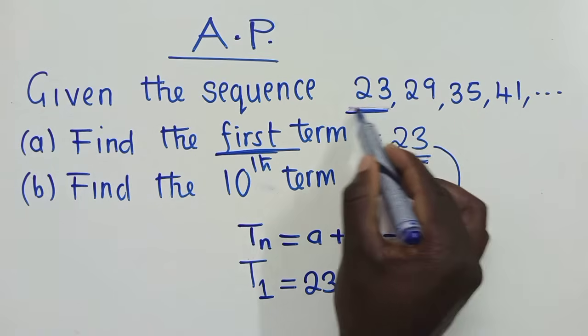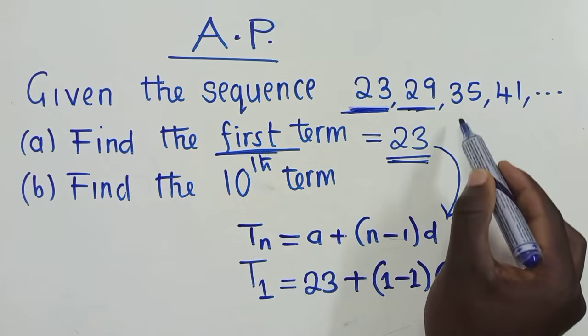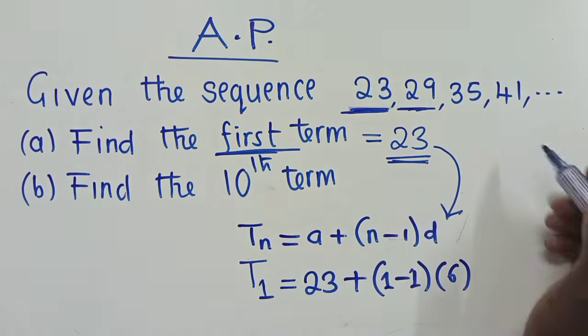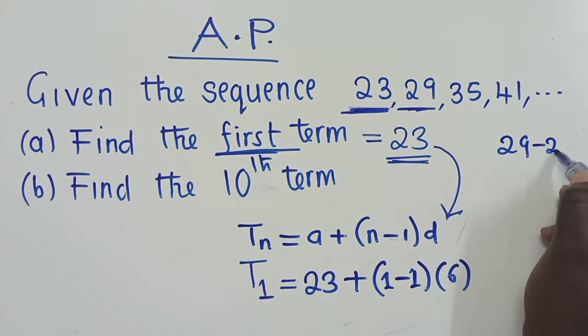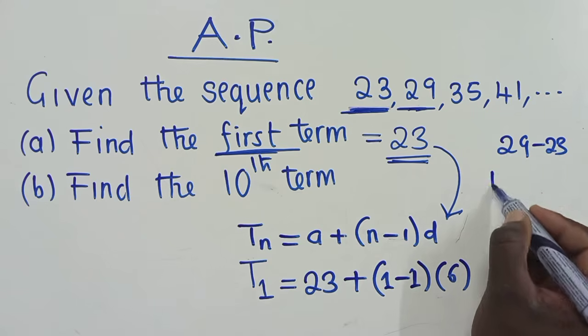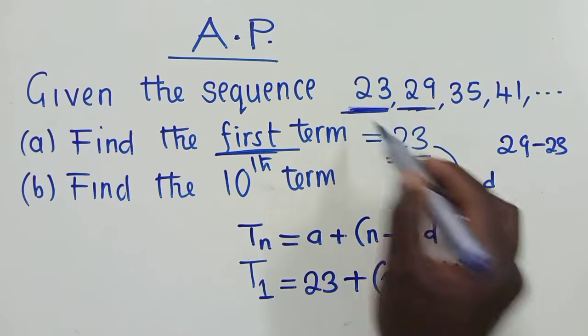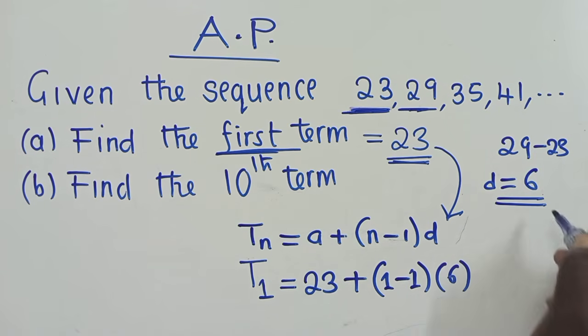So you just get the terms which are following each other, for example, this and this, or this and this and this, just like that. So in this case, we'll get a 29 minus 23. This is how we find the D. We get what is to our right side minus what is to our left side, which is giving us a 6. So this is a 6.